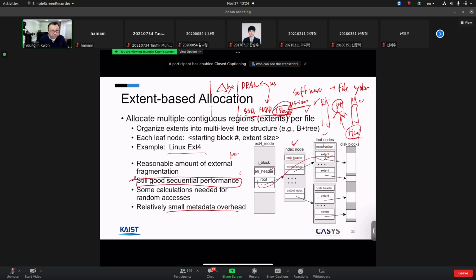In the future, if these devices are getting faster and faster, then this index implementation may change to hardware. But today, storage speed is not as fast as DRAM, so software implementation is fine.